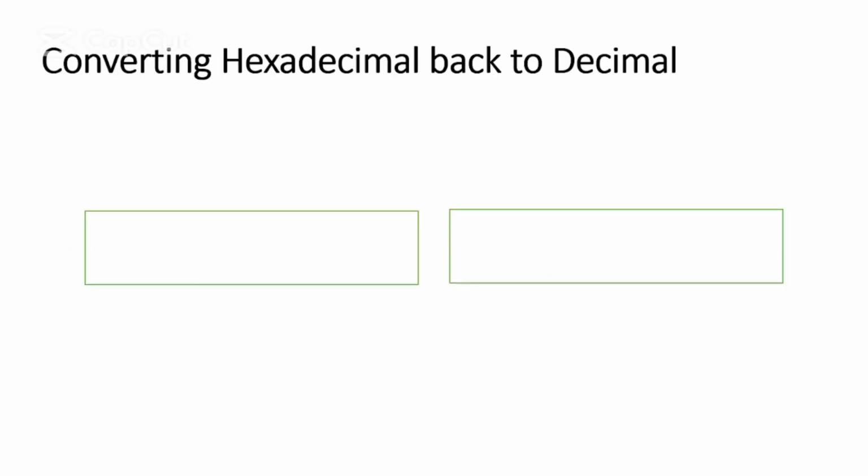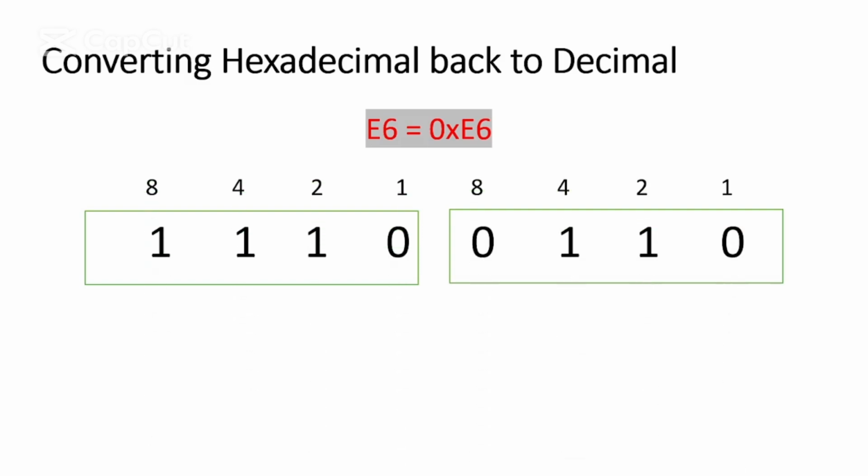How do we convert it back to decimal? First, for each of the characters, we represent them with 4-bit binary numbers, or nibbles. So for 6, we have 0110, and for E, we have 1110.